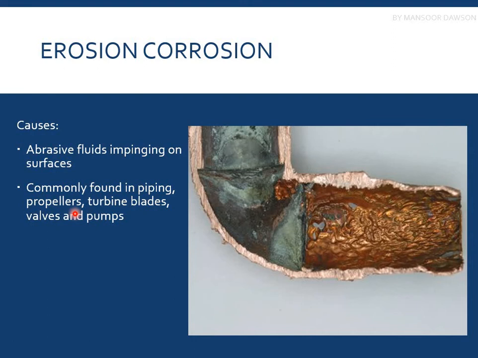Then we have erosion corrosion. What happens in that is that abrasive fluids impinge on surfaces, commonly found in piping, propellers, turbine blades, valves, and pumps.